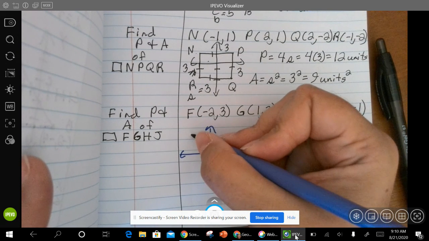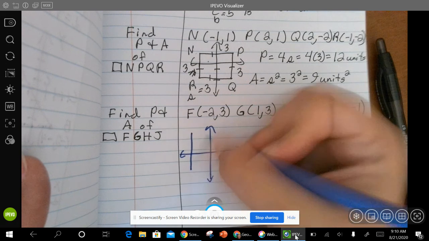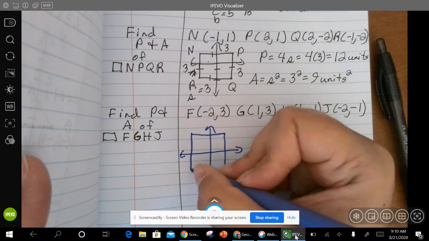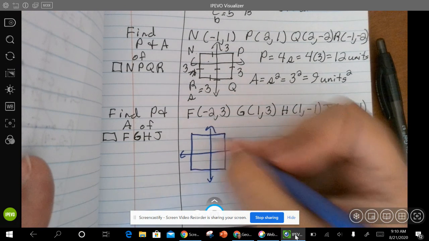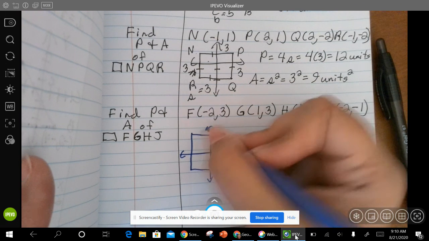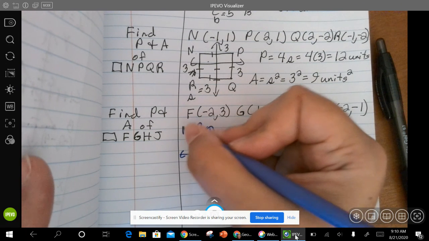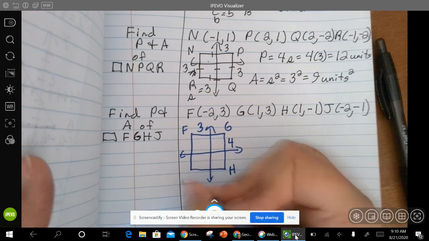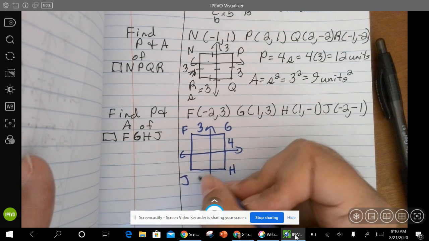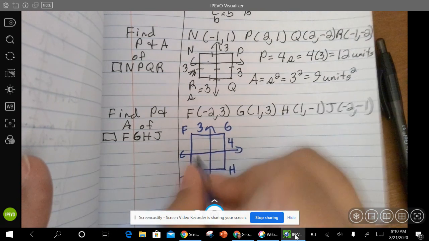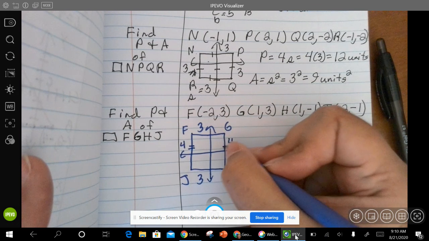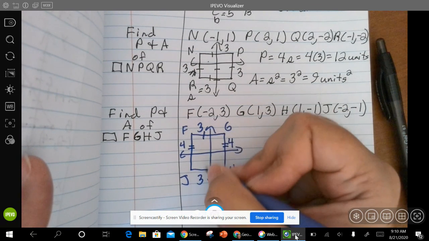Just helps our brain remember and organize the information. Okay, so this is going to be 4 by 3. Let's do F, G, H, J. Okay, so 3, and this side is 4. So opposite sides are congruent for a rectangle.